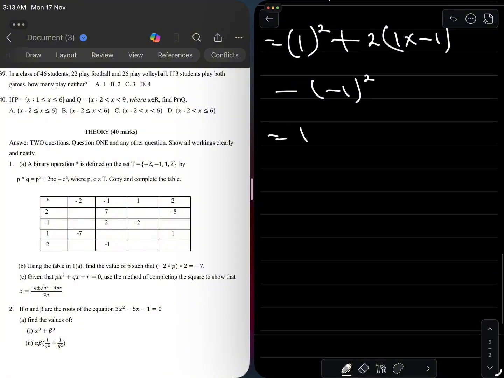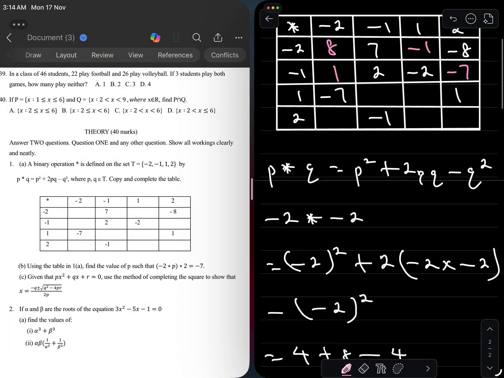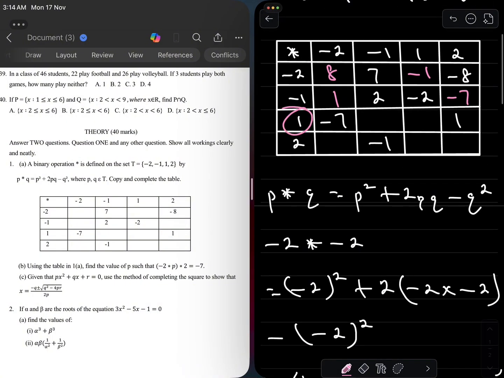That's equal to 1 minus 2 minus 1, which is 1 minus 2 is minus 1, minus 1 minus 1 is minus 2. That means 1 asterisk minus 1 is equal to minus 2.